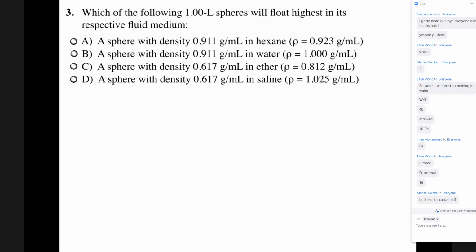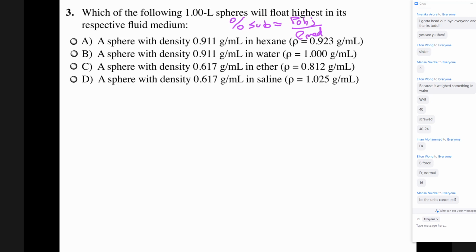What is the equation for a floater? Percent submerged equals density of the object over density of the medium.